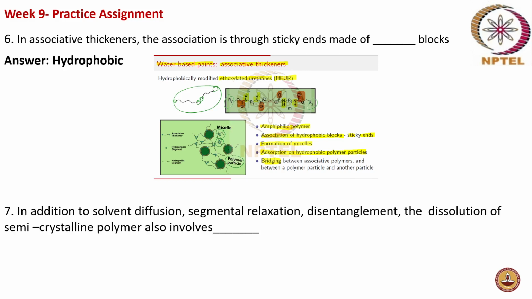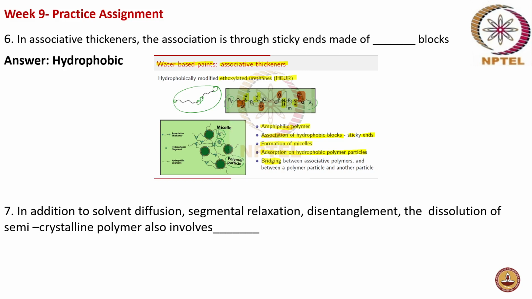In addition to solvent diffusion, segmental relaxation, and disentanglement, the dissolution of semicrystalline polymers also involves what? So we saw that in amorphous polymer dissolution, the solvent has to diffuse through the polymer, and it has to cause segmental relaxation and disentanglement and all.